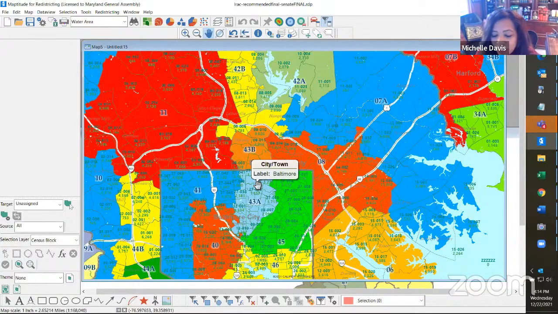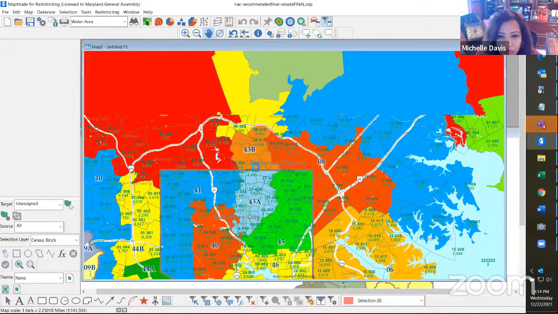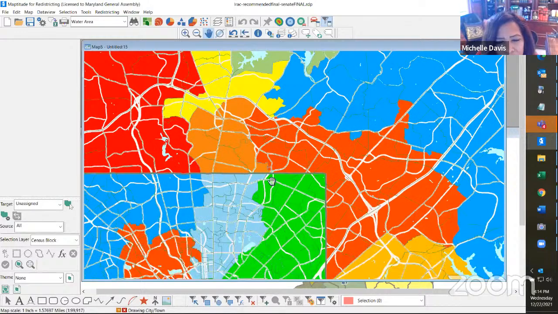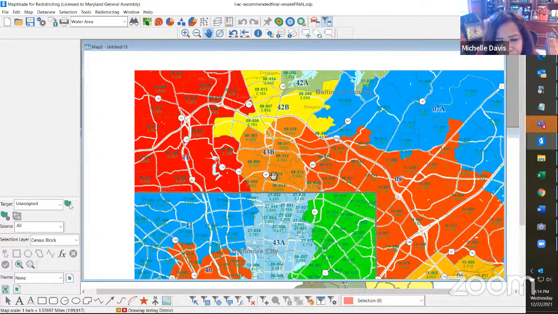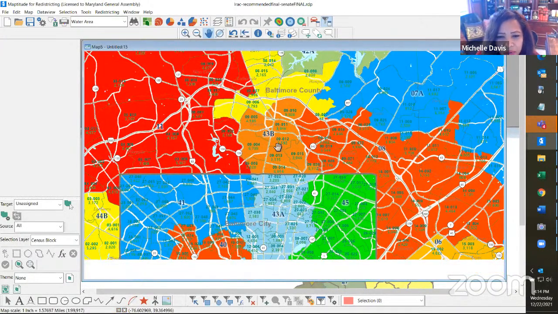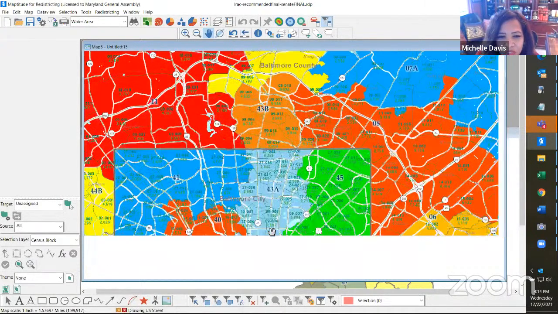So a lot of times when you see the districts being broken down into two sub-districts, that's the reason why. So here we have 43A and 43B. And 43B, I guess, is what you would call the lower Towson area, and 43A here is in Baltimore City.